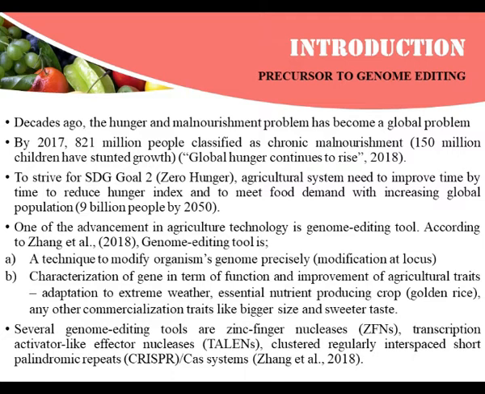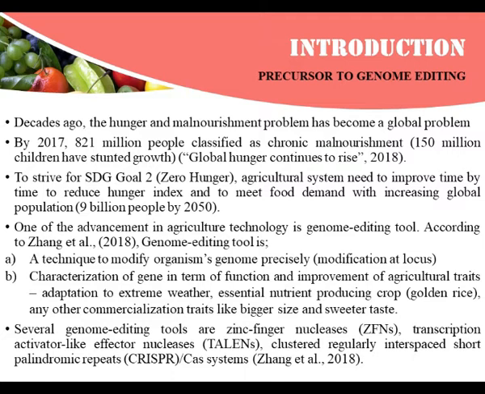Decades ago, the hunger and malnourishment problem has become a global problem. By 2017, 821 million people were classified as chronically malnourished, with 150 million children having stunted growth.